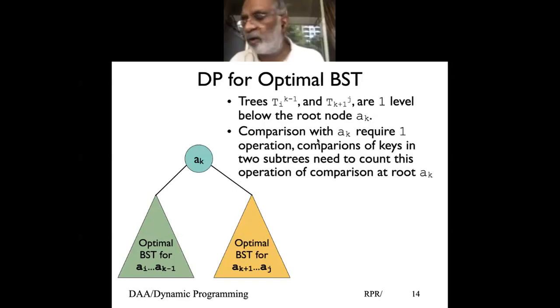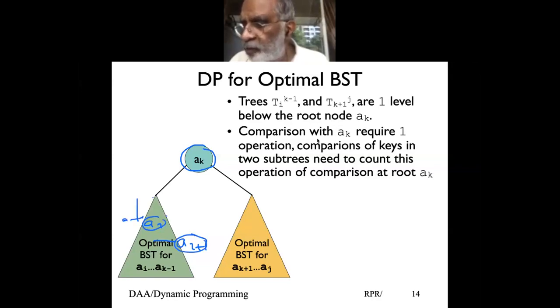So look at what happens now. When I compare, this node Ak would be compared only once. Now any node here, let's say I have a node Ai, somewhere I have node Ai plus 1. Whatever their depth is, let's say in this tree the depth is 2.